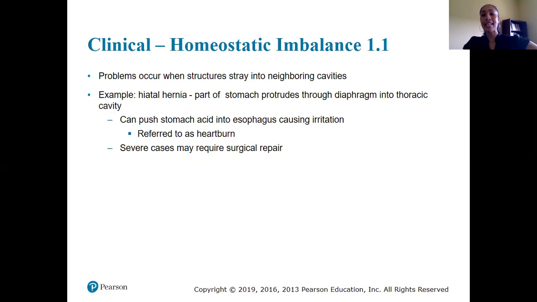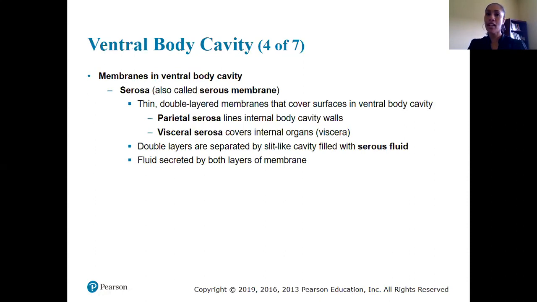Imagine part of your stomach getting through the diaphragm into the thoracic cavity up here into your chest. So you can push the stomach acid into the esophagus, causing irritation, heartburn, and in severe cases, this may require a surgical repair. So we have these body cavities not only to protect the organs, but also to keep them in the area that they need to be in so that functionally they can perform the best that they can.